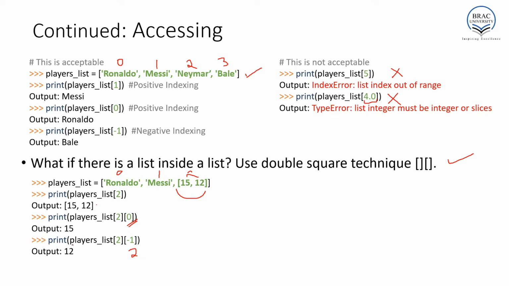So as a result, we have written players underscore list, which is the name of the list, then square bracket 2, I have pointed to the list inside the list, and then square bracket -1, meaning now I will access the last element of the list inside this bigger list, which is 12.